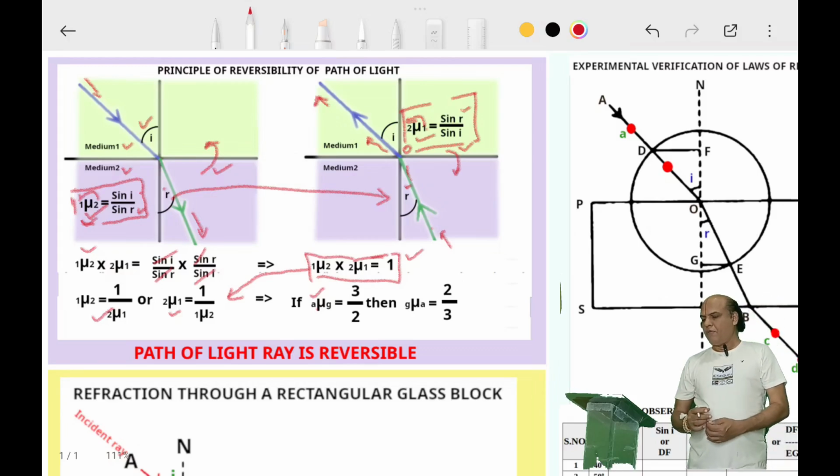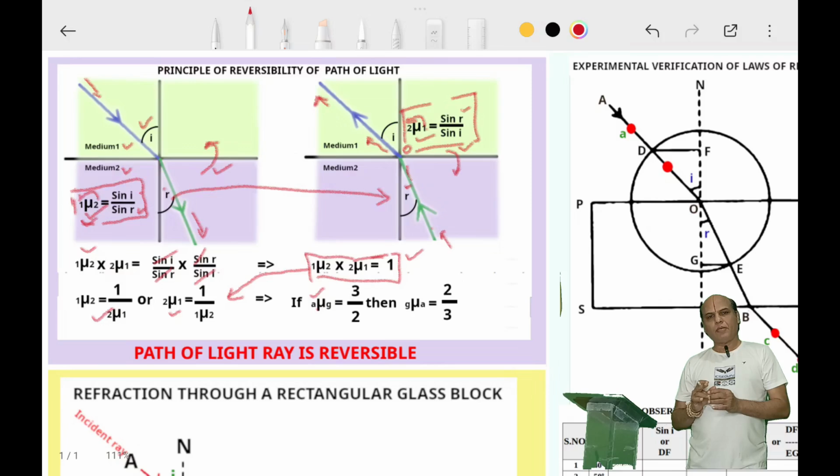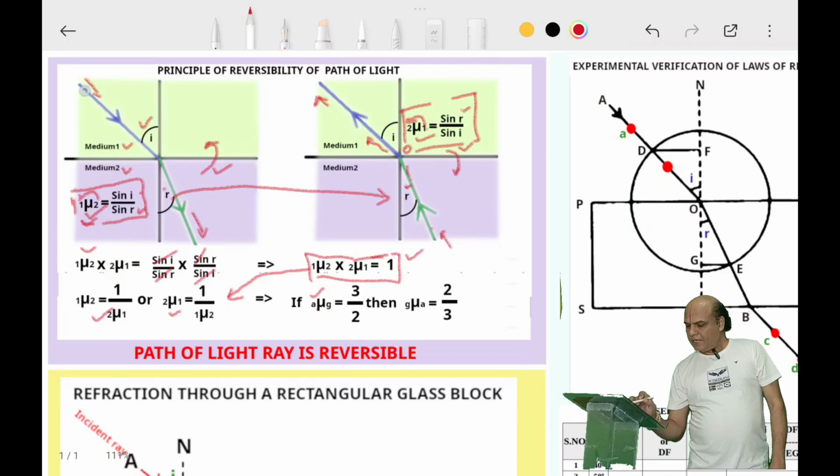So what is the principle of reversibility of path of light? The path of a light ray is reversible. If this is the initial path and this is the refracted path from medium 1 to 2, and I reverse the direction of the light ray, sending it along the refracted path, which becomes the incident path, then it must go along this path only.